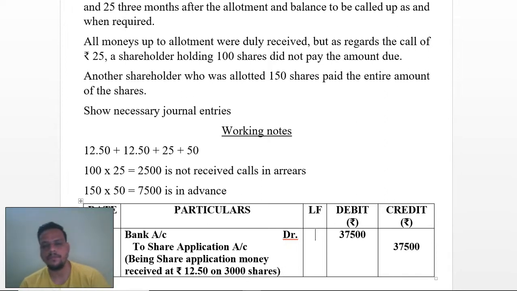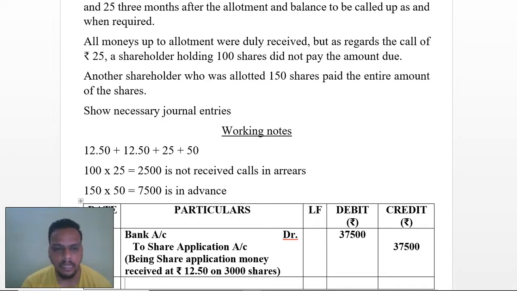Bracket close. The first entry will remain the same. The second entry will also remain the same. In this, the entry will have the same amount, but the value will be changed.